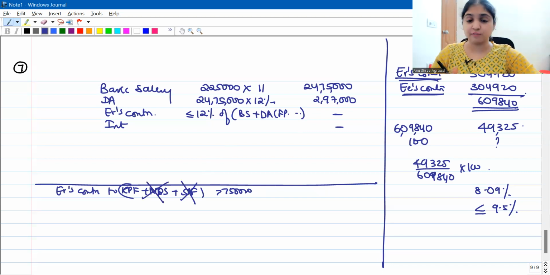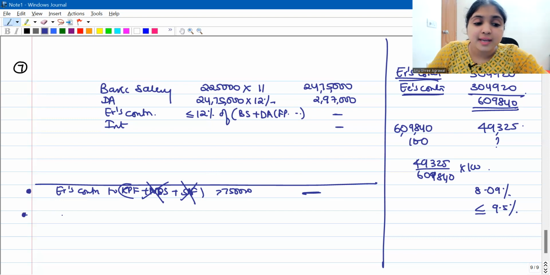We don't have superannuation fund. And the employer's contribution is only 3,04,920, within 7,50,000. So this provision will not apply, guys. Right? You recall this provision, I hope? Yes. If the employer's contribution to these three put together is more than 7,50,000, then the excess over and above 7,50,000, we tax as perquisite. Here it is not more than 7,50,000. It's only 3,04,920 employer's contribution. So nothing is taxable under this provision.